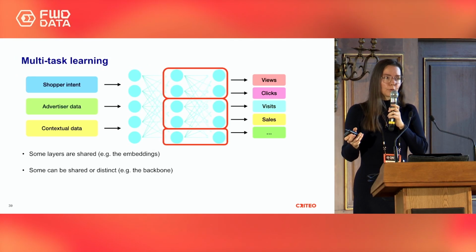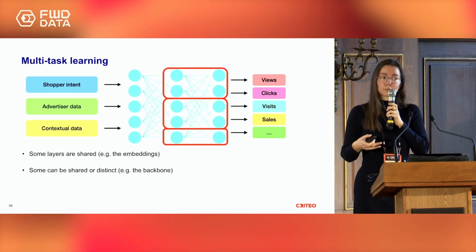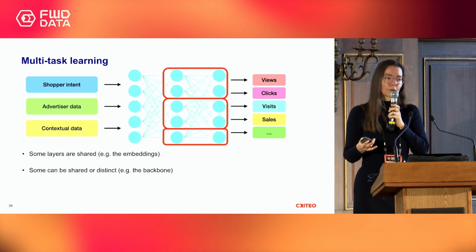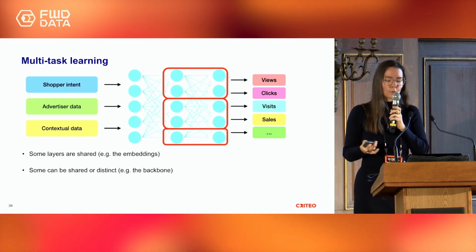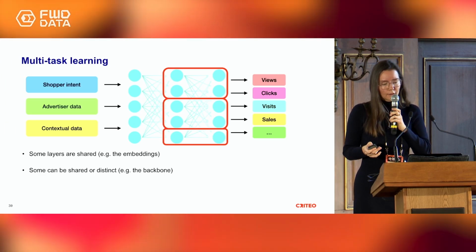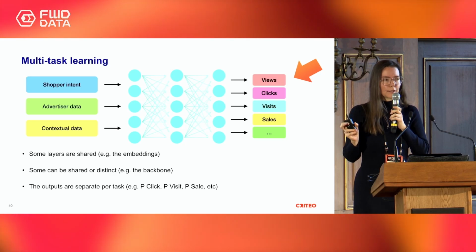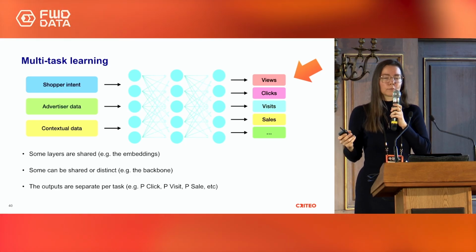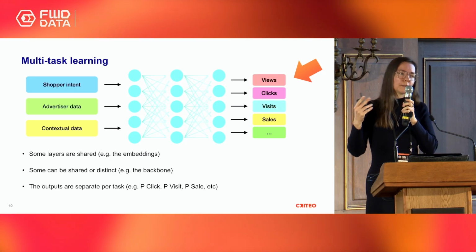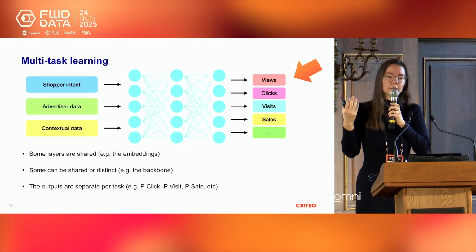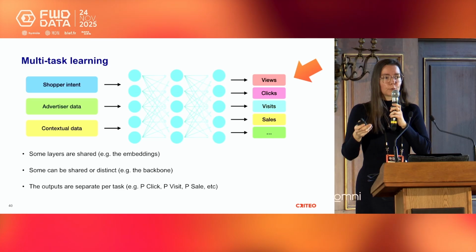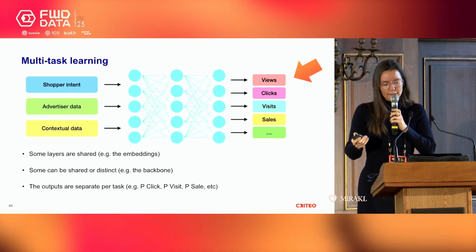The backbone following the embedding layer could be shared between all the tasks, or it could be distinct. It kind of depends on the scope that you're doing. And then the prediction heads are going to be different per task. Typically, we have an MLP that we just refer to as the prediction head, following the backbone. Those are all going to be separate per task.